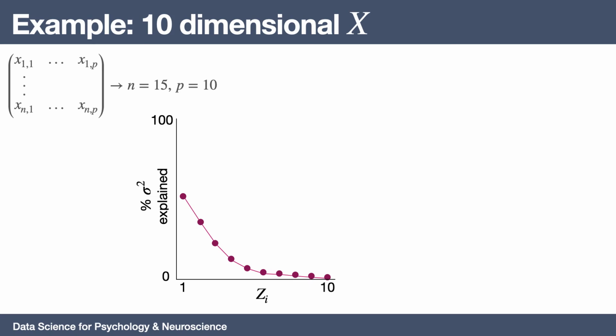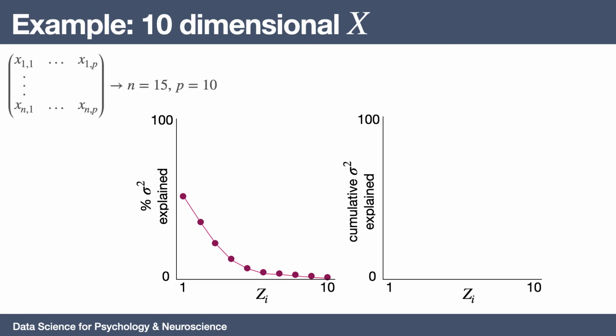Now, if we look at the cumulative variance explained, so we ask how much variance has been explained up to principal component i. In the first case with principal component 1, that's the same as just the variance explained by principal component 1. The cumulative variance at principal component 2 is the variance explained by principal component 1 and principal component 2.